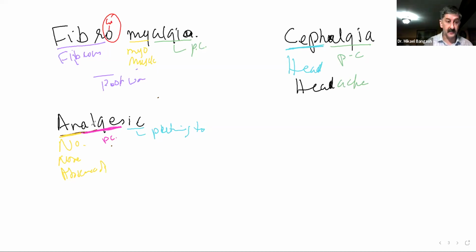So analgesic is mainly a fancy word for what you call painkillers. Because what is it they do? They cause that you don't have any more pain.